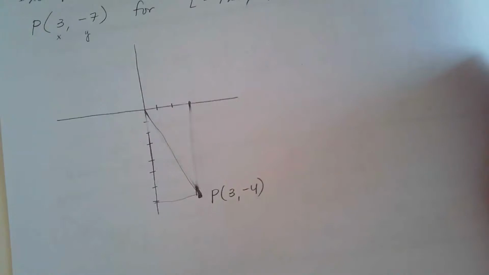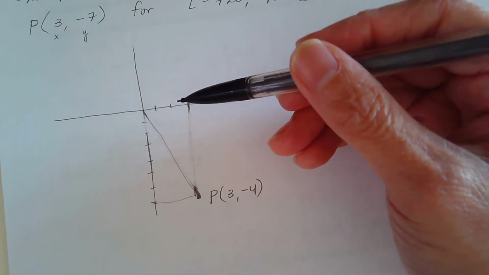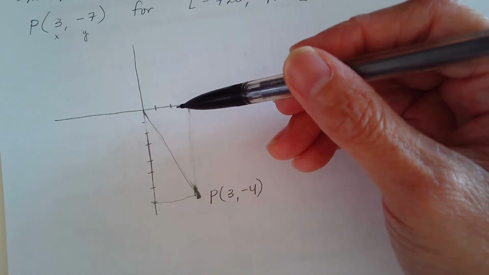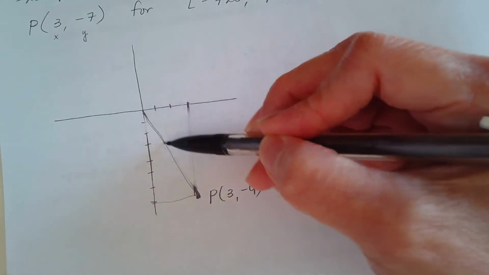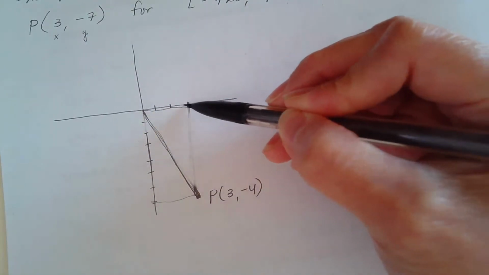Now, because we're looking for the reference angle, the reference angle is the angle between the terminal arm and the x-axis. So you want the terminal arm and the x-axis, so it has to be here.